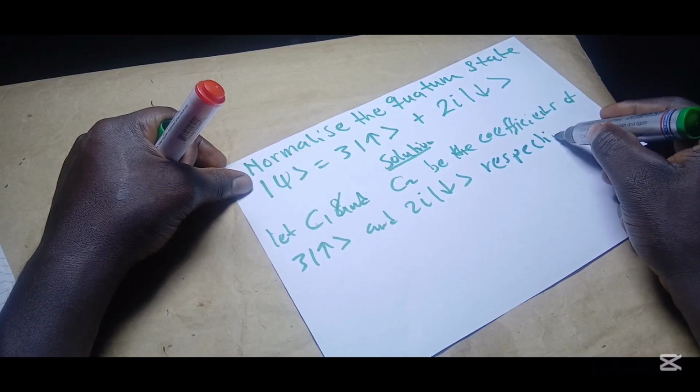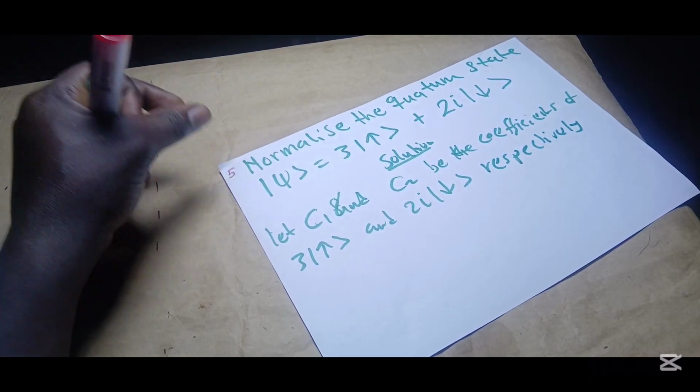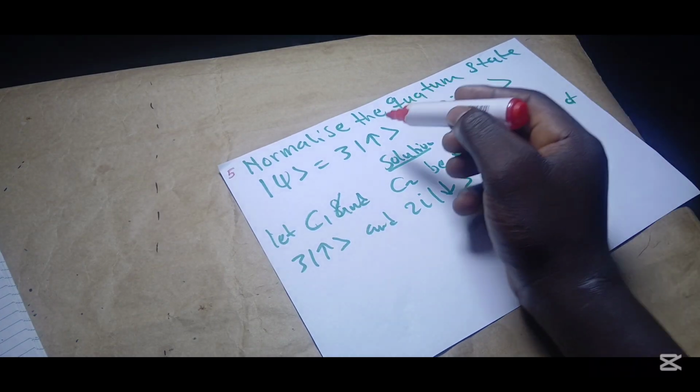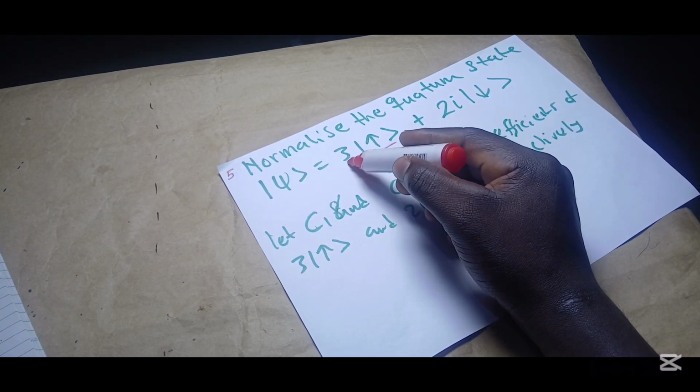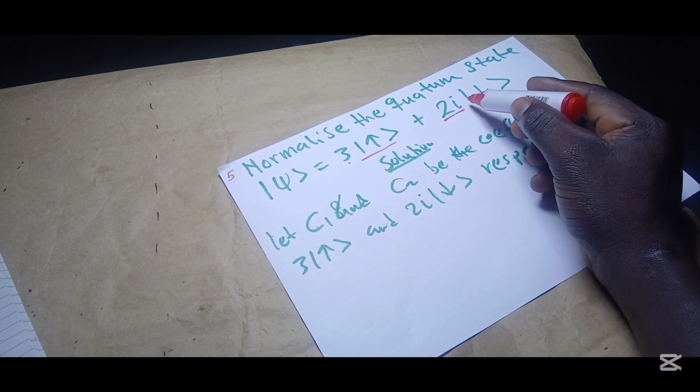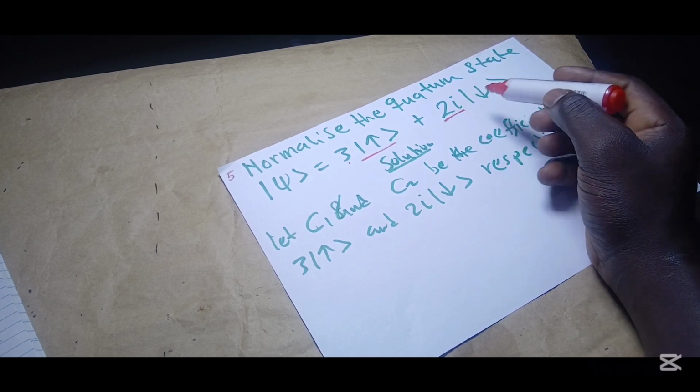That is if you are trying to solve it in an official way. So the first thing we need to know is, looking at this state, the coefficient is 3. Looking at this, the coefficient is 2i. Our focus is on the coefficient.